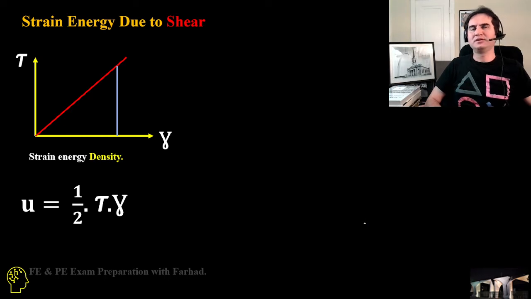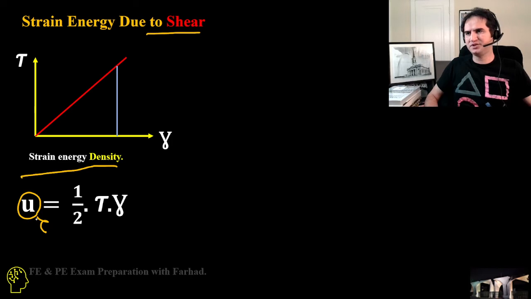That was the calculation and an example of strain energy due to normal stress for the first scenario. Let's consider the strain energy due to shear. We do know that lowercase u for shear is the density of strain energy under shear condition. This time our vertical axis is the shearing stress, and the x-axis is gamma.